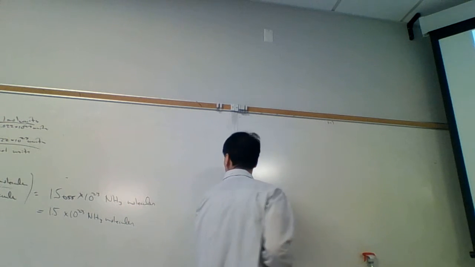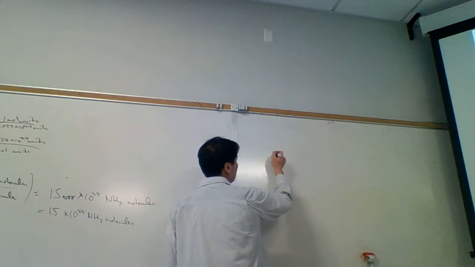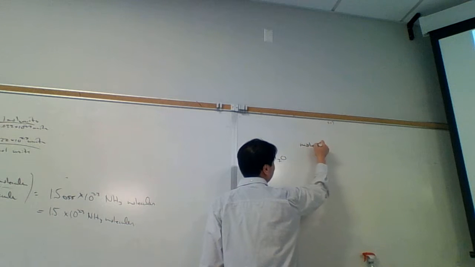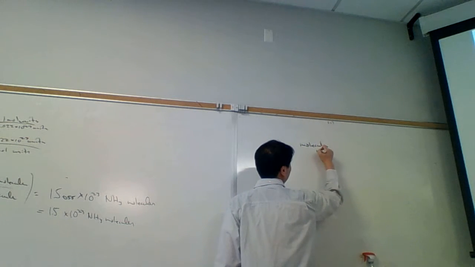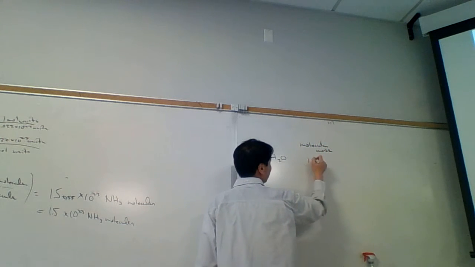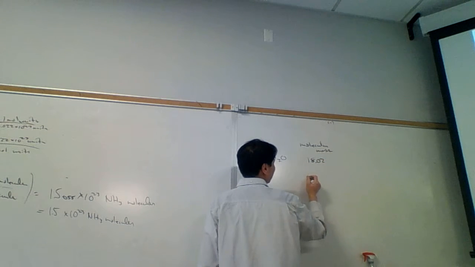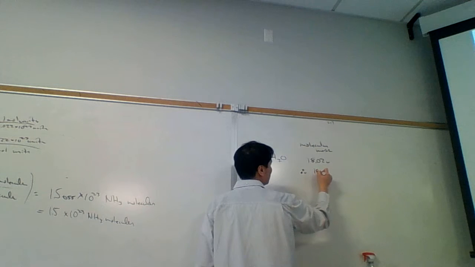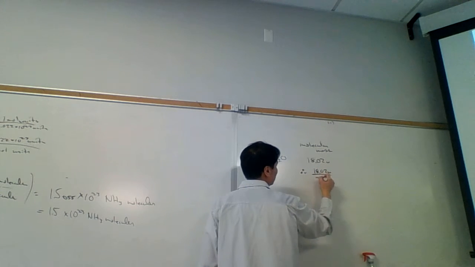So if I go back to water, we'll have something called the molecular mass. And the molecular mass is 18.02 U. Therefore, we have 18.02 U per molecule of water.